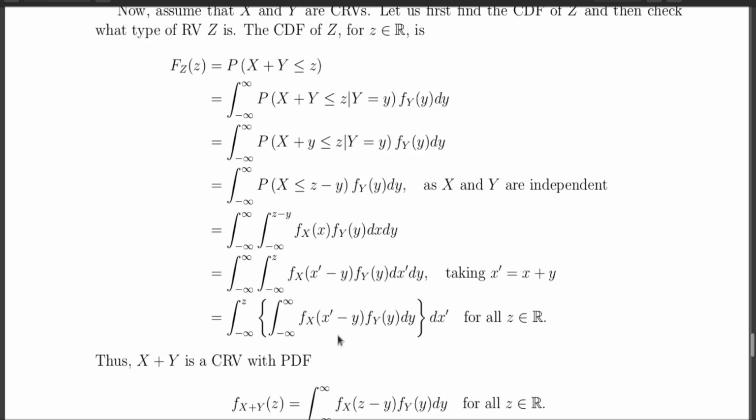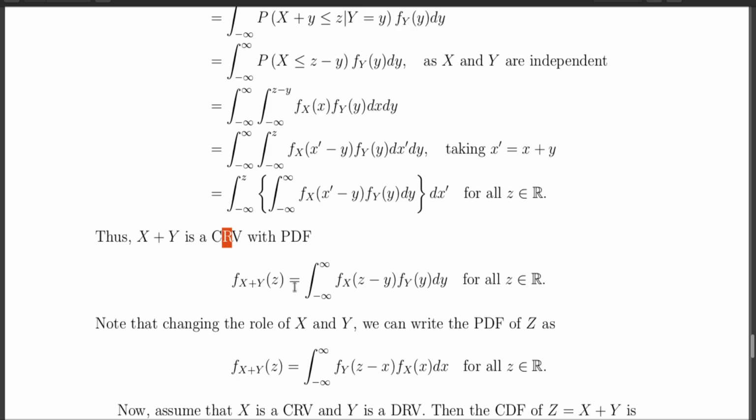That means Z is a continuous random variable, and the PDF of Z, which is X plus Y, is given by this expression at the point z.